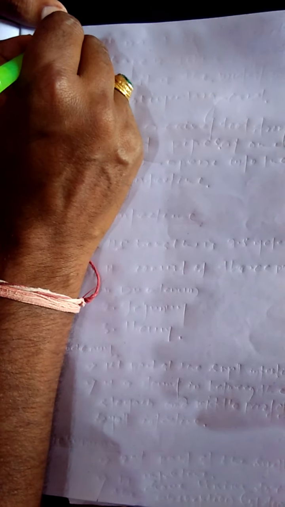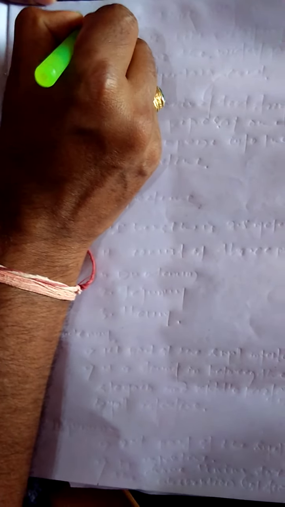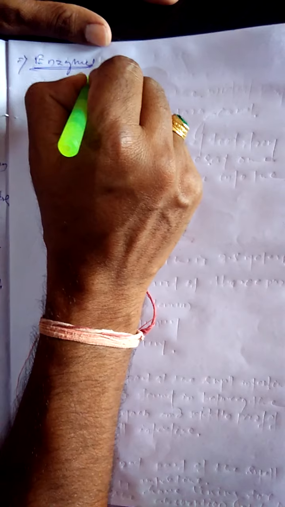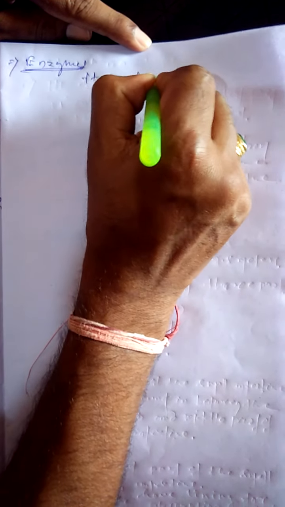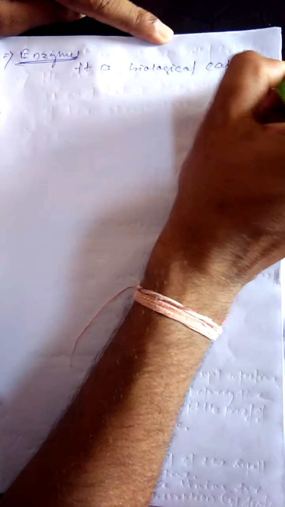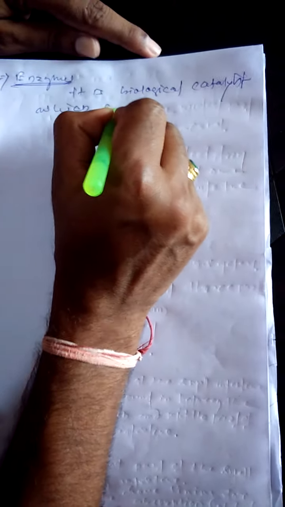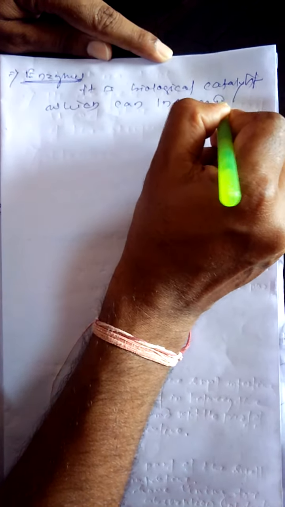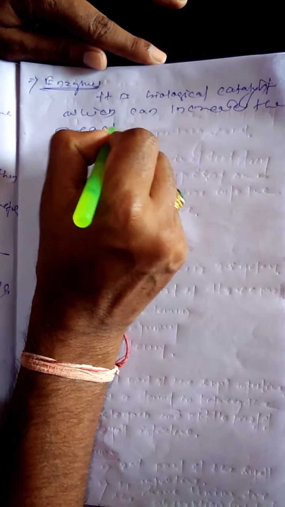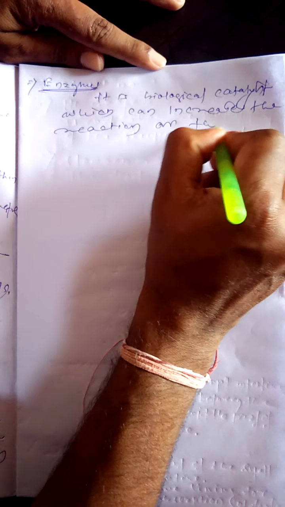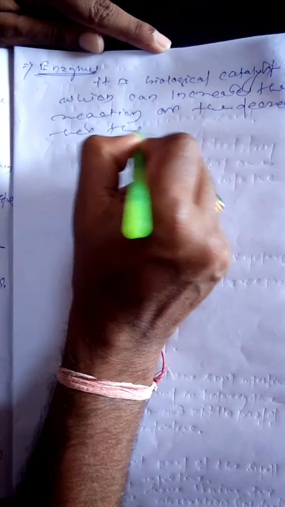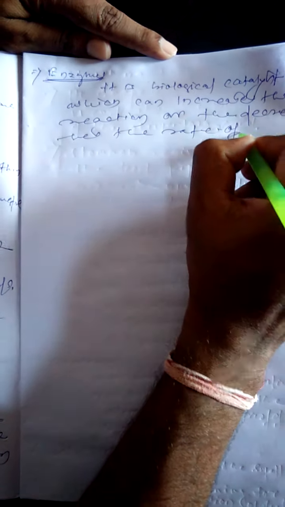Another point we are going to discuss, that one is enzyme. So in biological way we can define enzymes: it is a biological catalyst which can increase or decrease the rate of reaction.